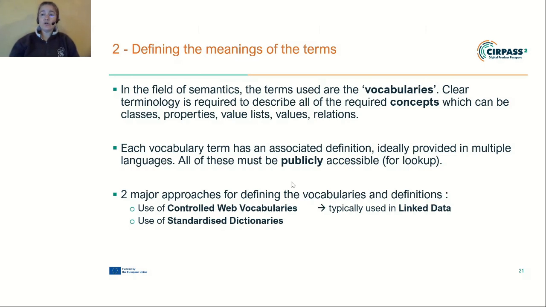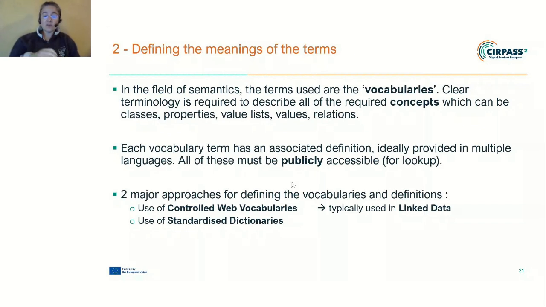So I will need clear terminology to describe all of the concepts that can be classes, properties, value lists, values, relations, all the concepts that I want to model. Each term in my vocabulary will have an associated definition, ideally provided in multiple languages. And because I'm sending the data all over the world, these definitions must be publicly accessible for lookup.